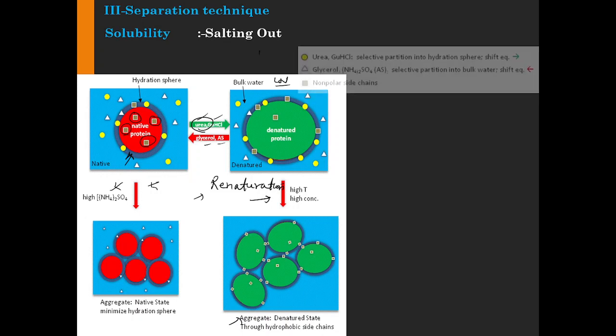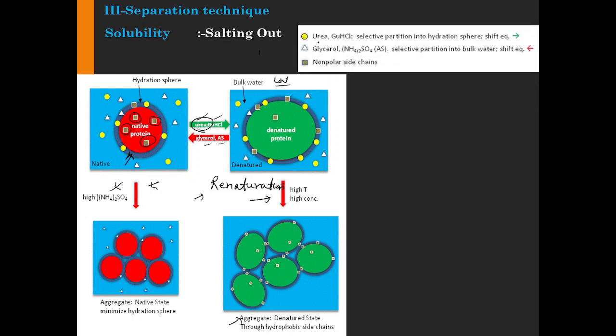But the idea I'm trying to say here is that urea or guanidinium hydrochloride selectively partitions your hydration sphere. In fact, guanidinium hydrochloride is also used for RNA isolation. Guanidinium hydrochloride or guanidinium isothiocyanate is used to get rid of proteins as protein contaminants.